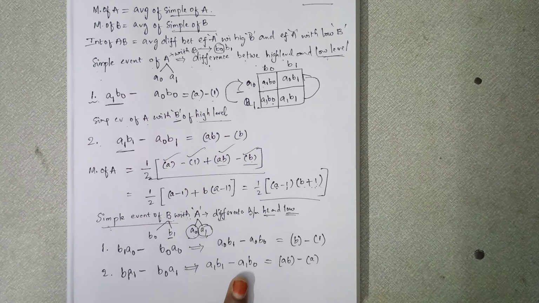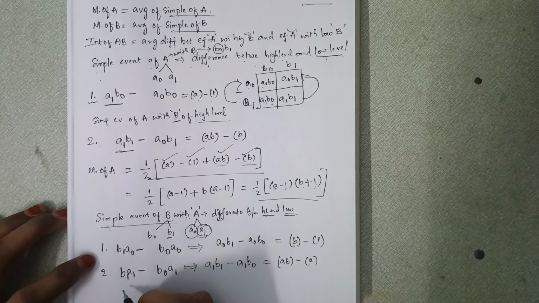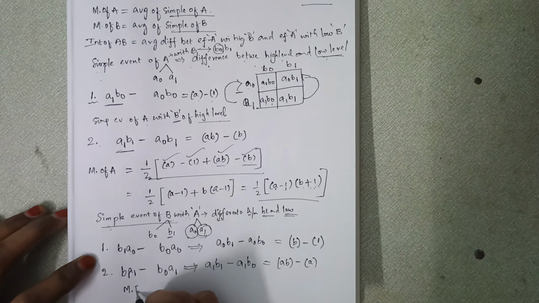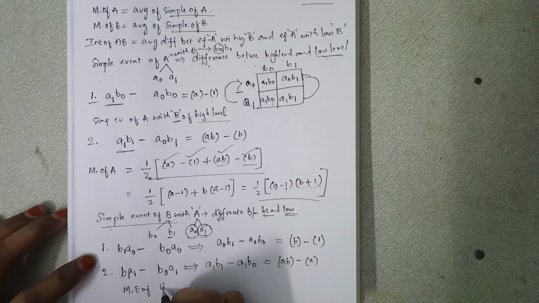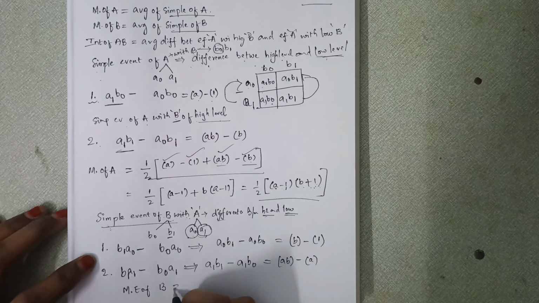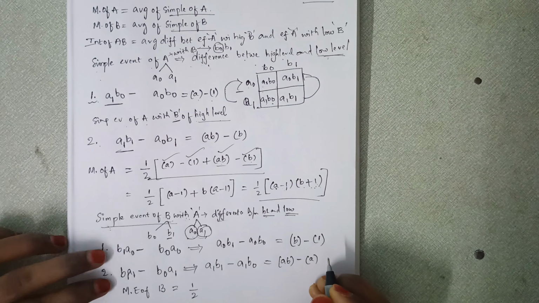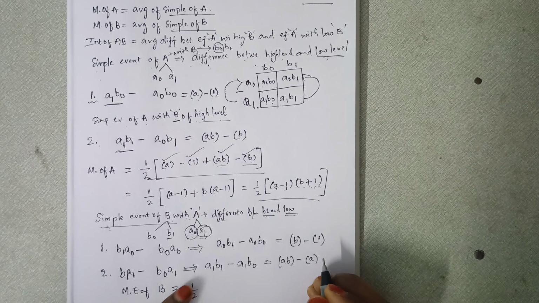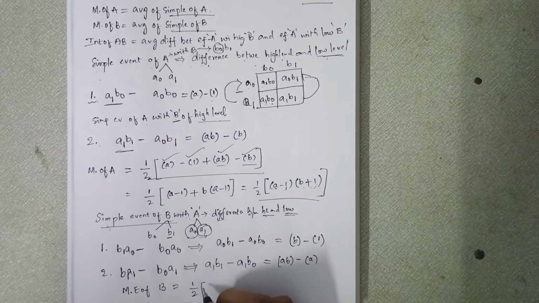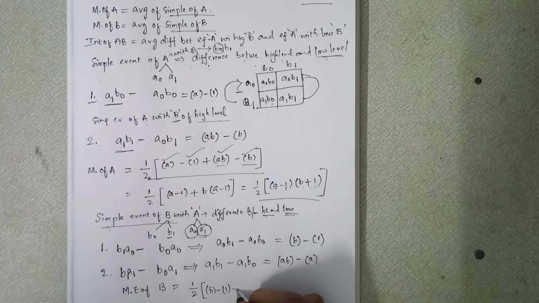So A. And now we can calculate the main effect of B, which is equal to the average of the simple events. The average we got as two numbers. So 1 by 2 into (B minus 1 plus AB minus A).